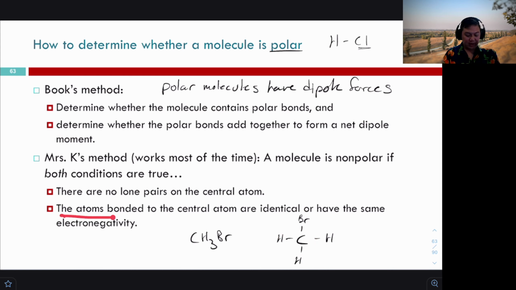So if these are not all the same, and there are no lone pairs, then it's going to be, sorry, I said that wrong. If there are no lone pairs, and the atoms are all the same, it's nonpolar. If either of these is false, then it's going to be polar. So if it has lone pairs, it's polar. If the atoms bonded to the central atom are not the same, it's polar.